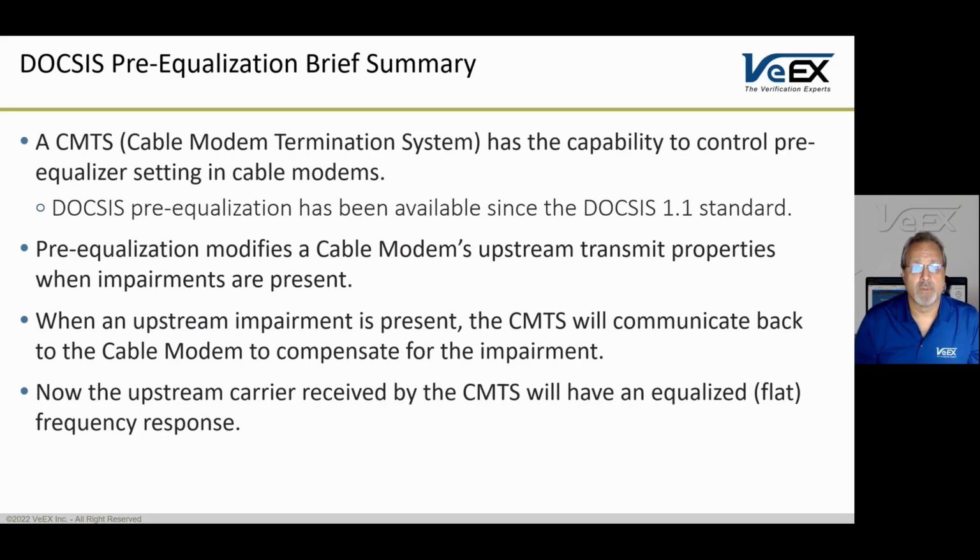So when an upstream impairment is present, the CMTS will communicate back to the cable modem to compensate for this impairment. And then once that is done, the upstream carrier that is received at the CMTS will be equalized and easy for it to demodulate and work on.